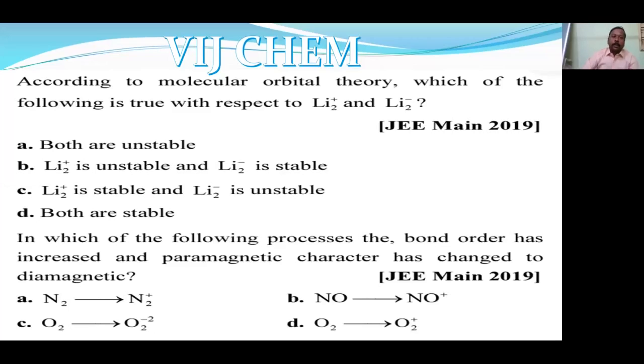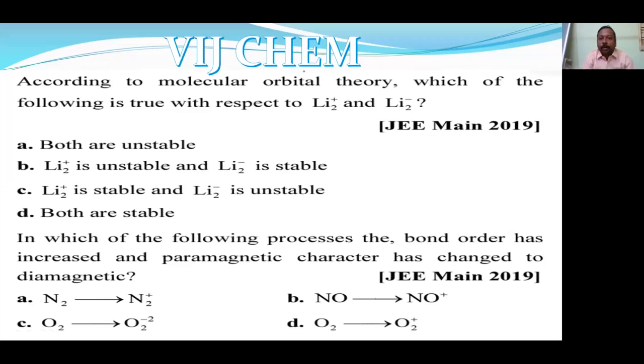Okay, next question is, according to molecular orbital theory, which one of the following is true with respect to Li2 plus and Li2 minus? Okay, in the previous PYQ I told you they both are stable, but not equally stable. Understood?